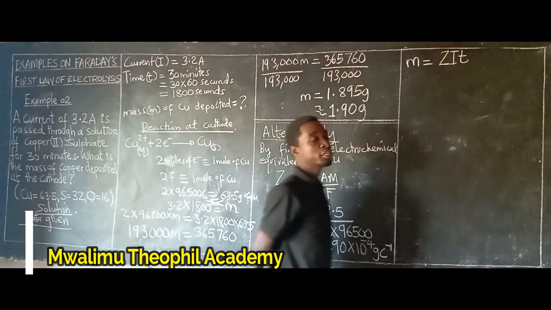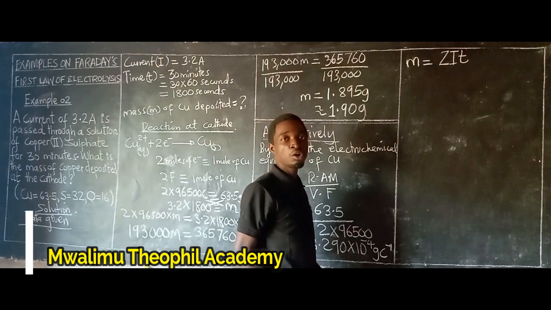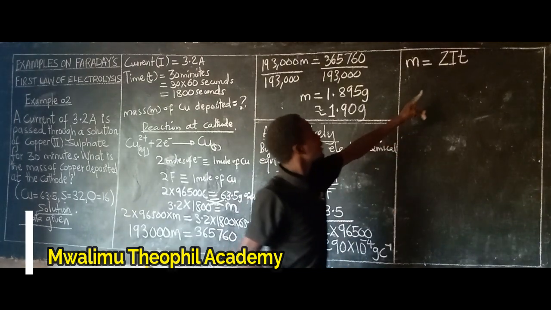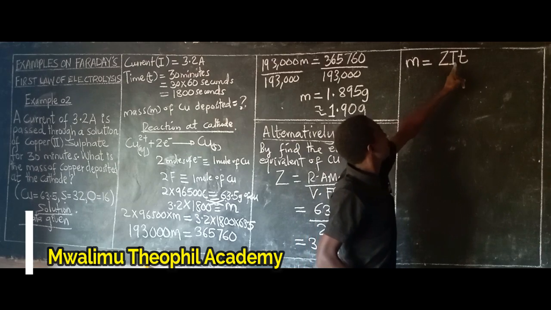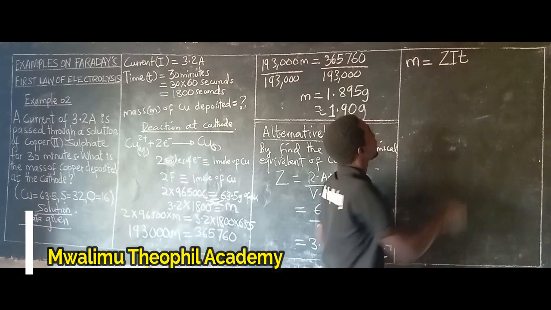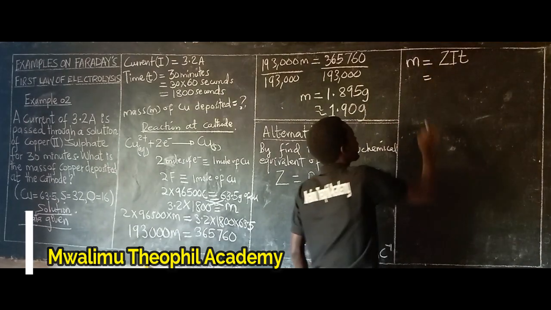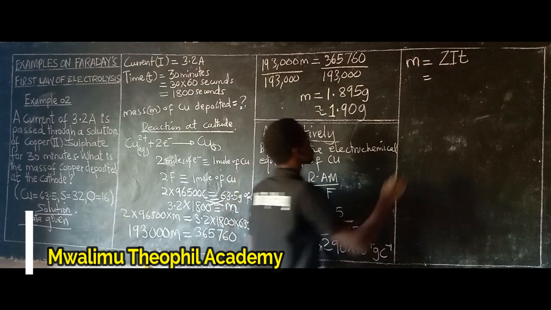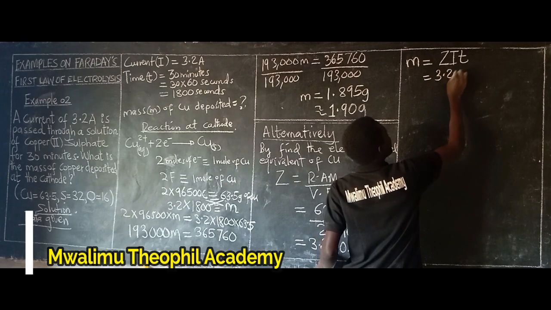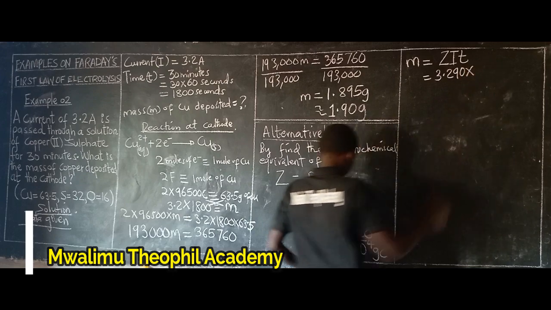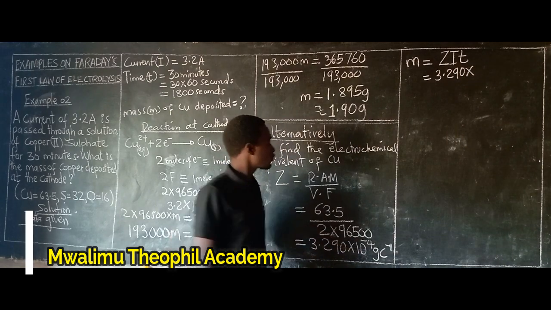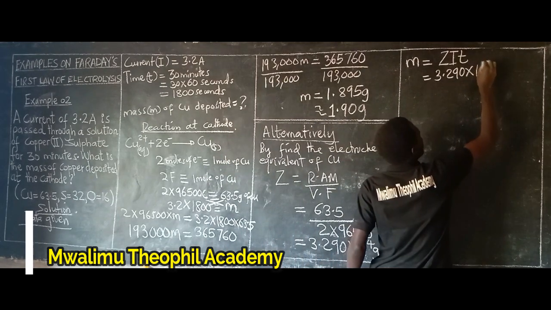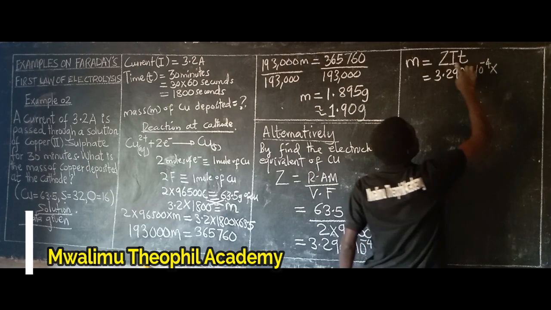Now let us substitute the values of Z, I, and T so as to get the mass. We have obtained that the electrochemical equivalent of copper is 3.290 times 10 raised to negative 4, times current.